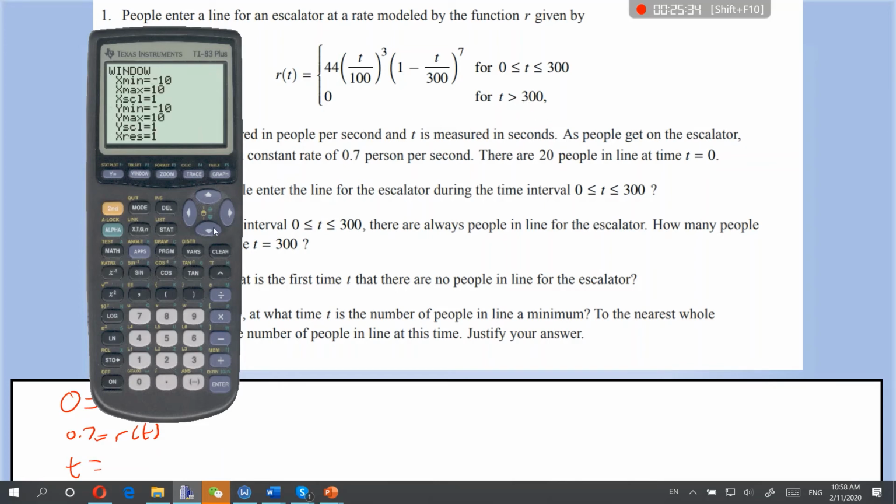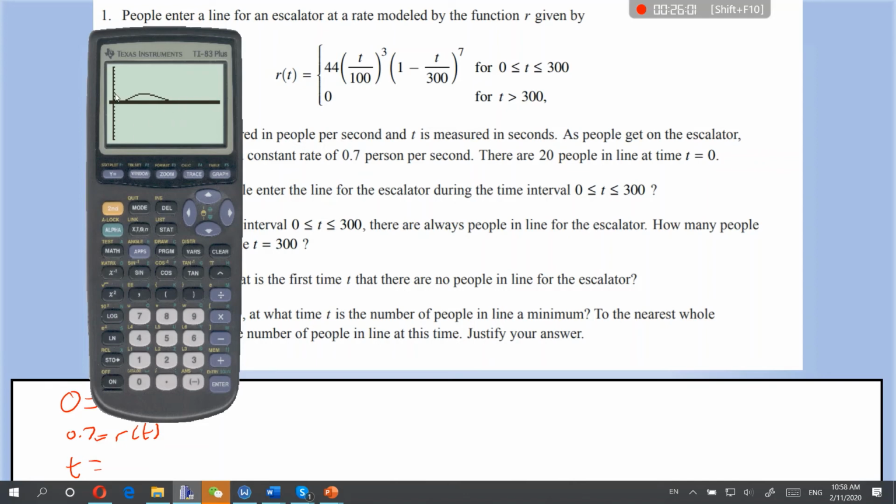So I'm going to set my window from 10 to 310 maybe, so we've got enough space. Okay, there's our r(t) and our 0.7. That's a little bit hard to see, so I'm going to zoom in a bit.